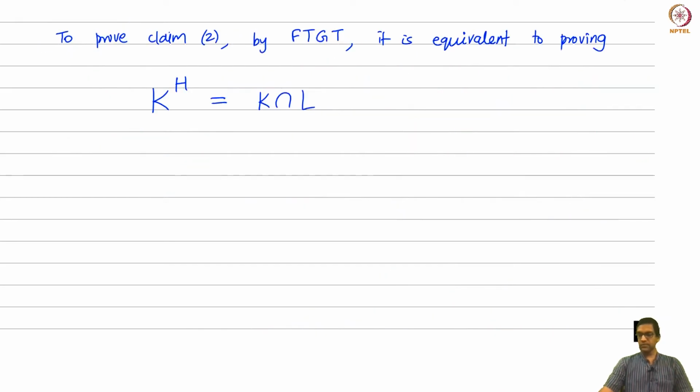Now how does one show that K^H is K intersection L? Well, let's at least see, there is a one-way containment. So this is what we will now try and prove.